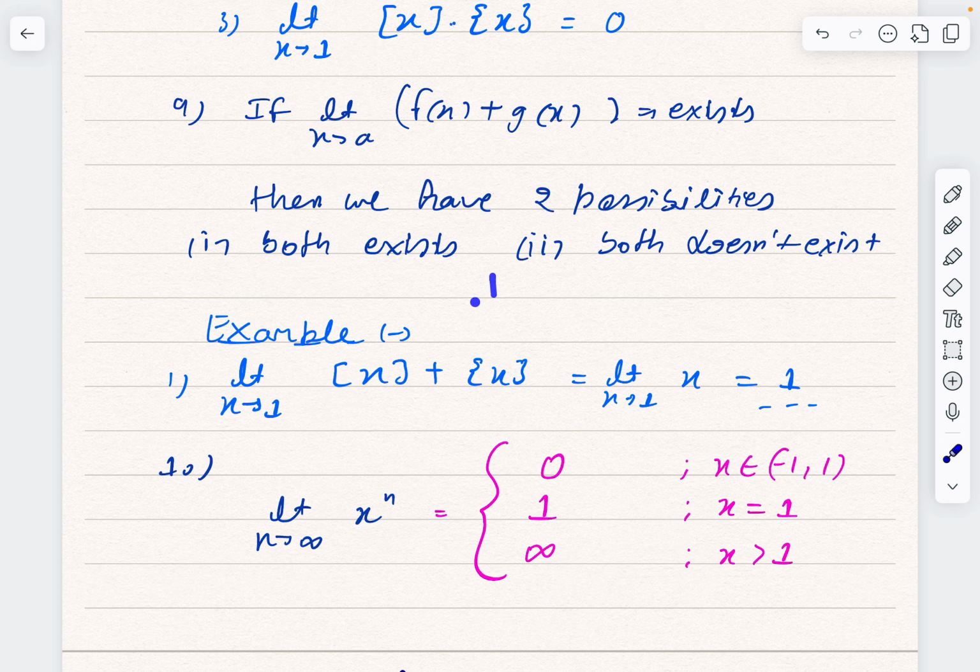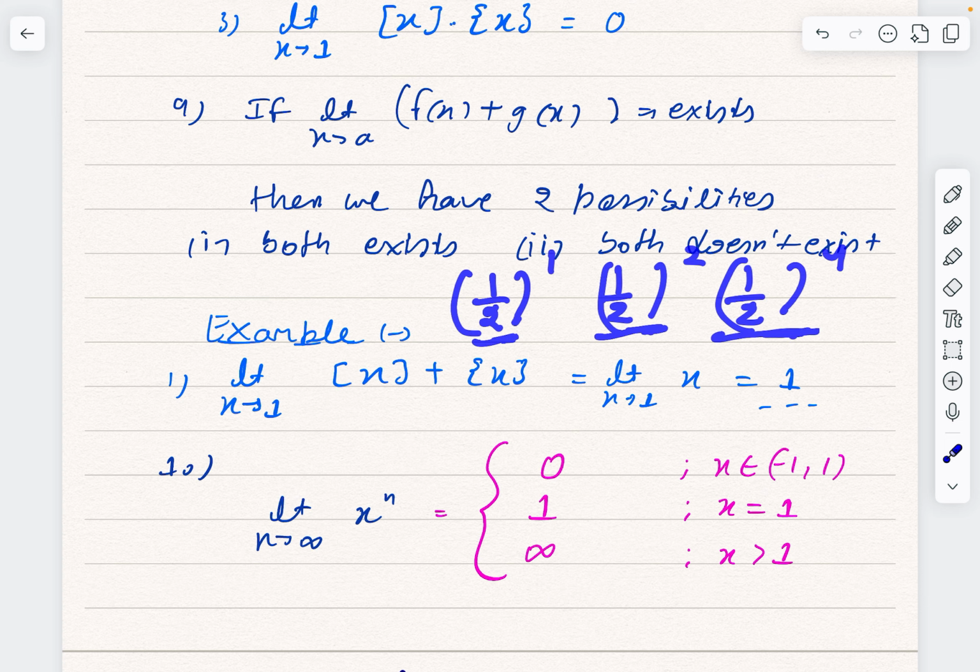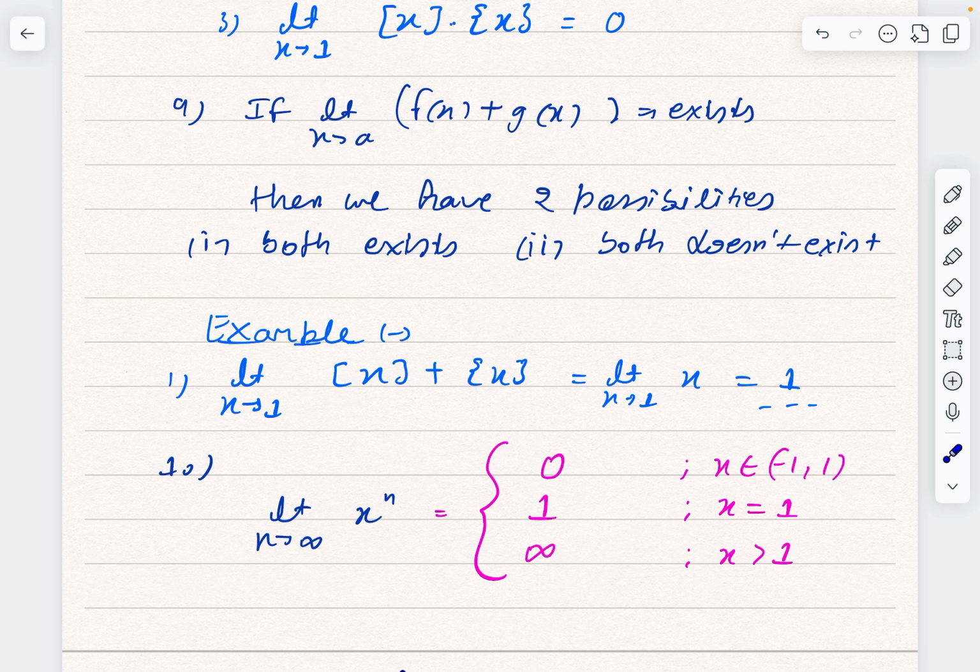Because if you take a fractional number, say half, if you increase the power, the value will keep on decreasing. Half power 1 will be half, power 2 will be 1 by 4, power 4 will be 1 by 16. So if a number lies between -1 to 1, if you increase the power, the value will keep on decreasing. So at infinity it will be almost 0, approximately 0, not exactly 0. But when we take limit, we'll just say 0 only.